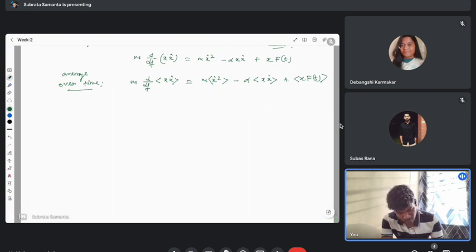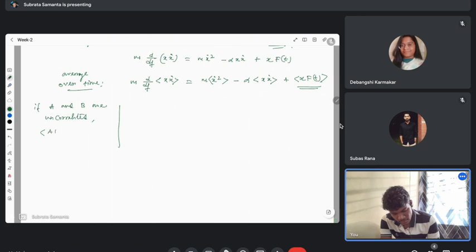Here we make one thing clear: there is an average of x f(t). If A and B are uncorrelated, then what is the average of AB? I'll discuss this in the first class.